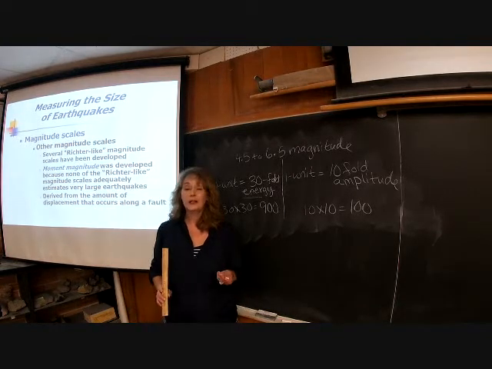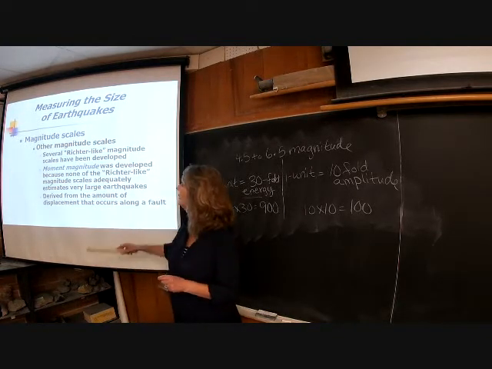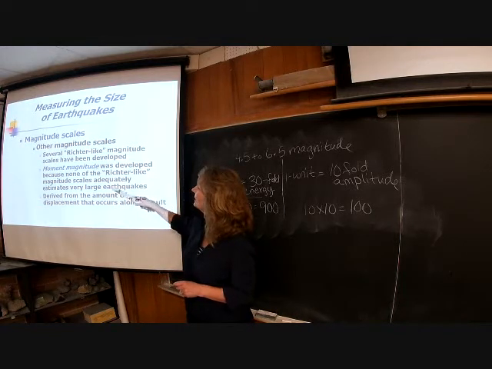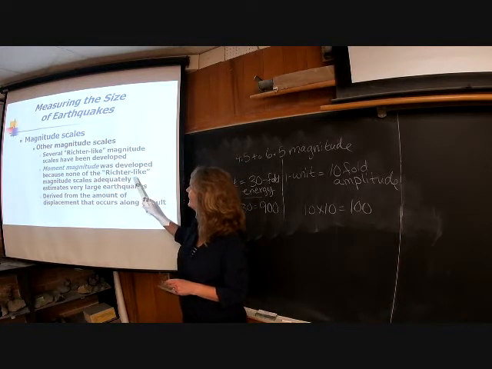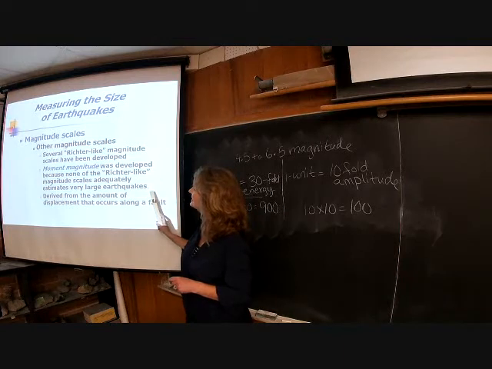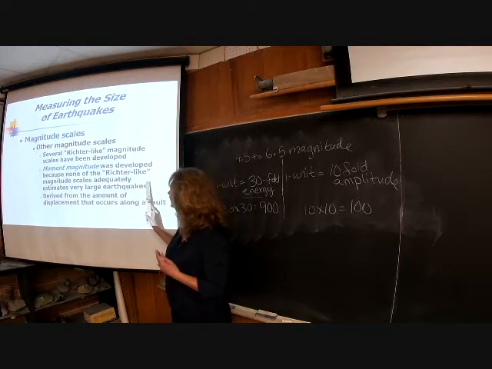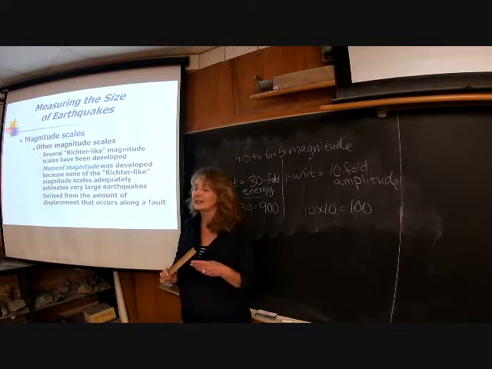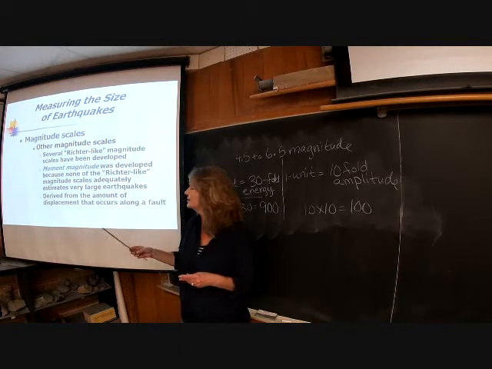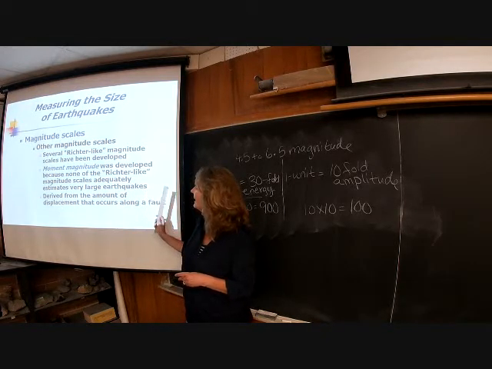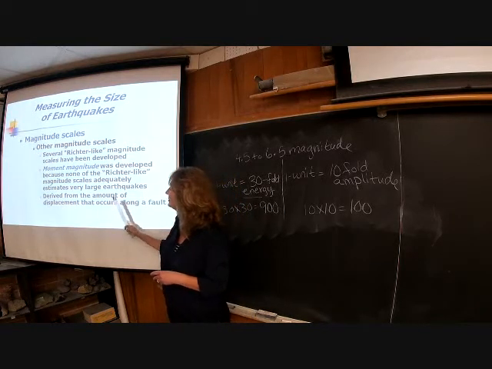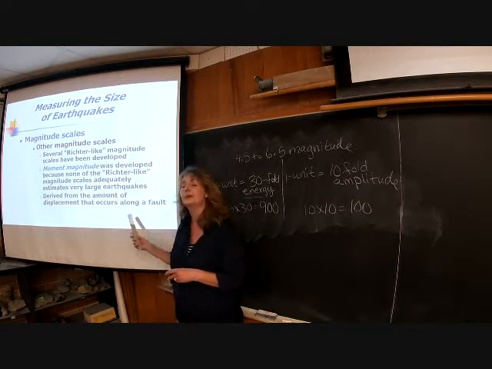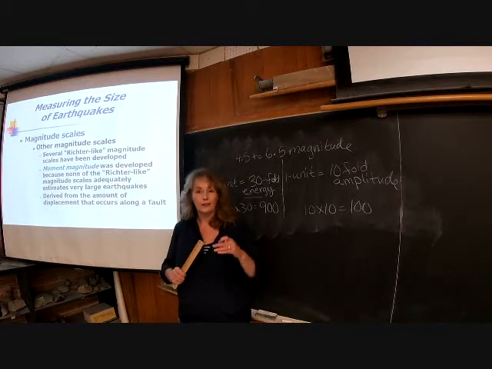So here was another one. It's a Richter-like magnitude scale called moment magnitude. None of those Richter-like magnitude scales really estimated extremely large earthquakes. And so this was used to get the actual displacement along the fault line.